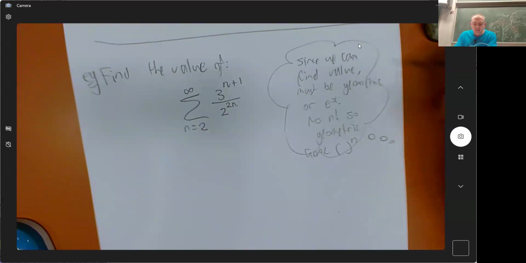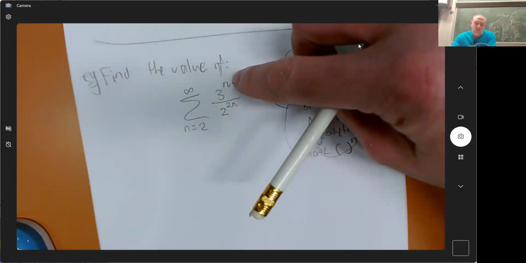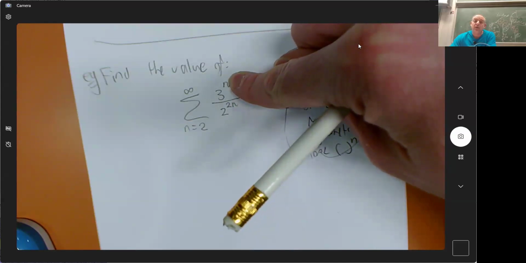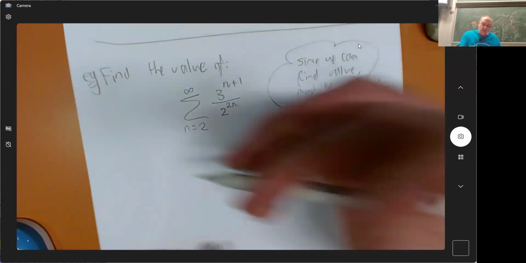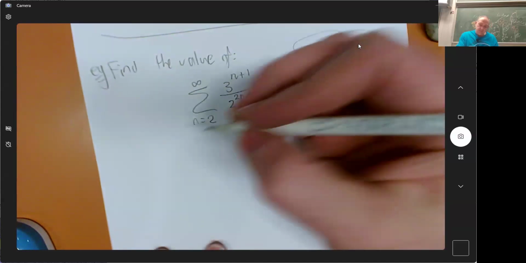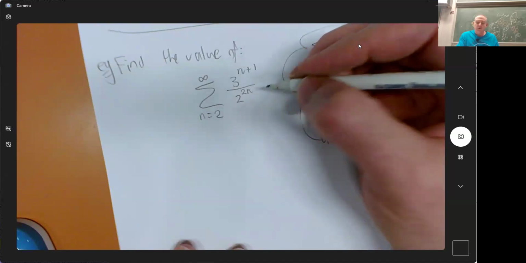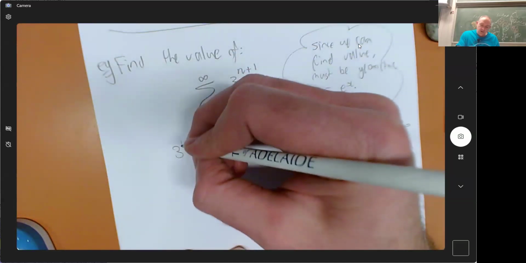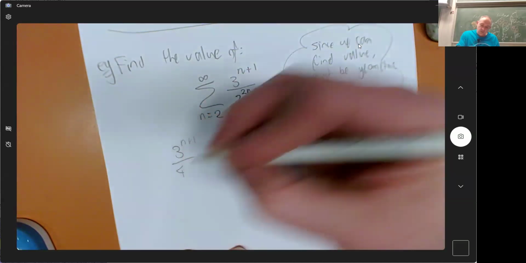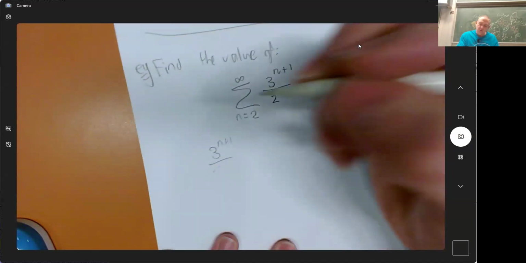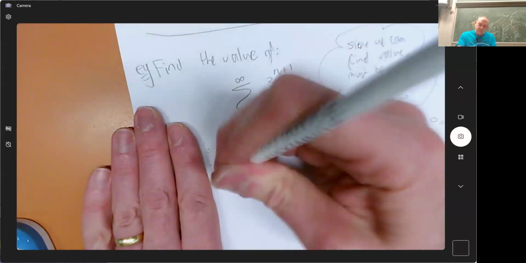I'm looking at this and thinking, if that one wasn't there, then that'd be a little easier because they've both got a power of n. So I may just fiddle around with this for a bit before I do the sum. So 3 to the n plus 1 on 2 to the 2n. No, I won't. Bear with me.